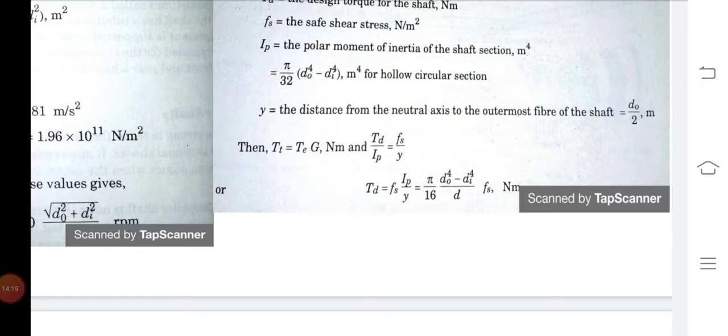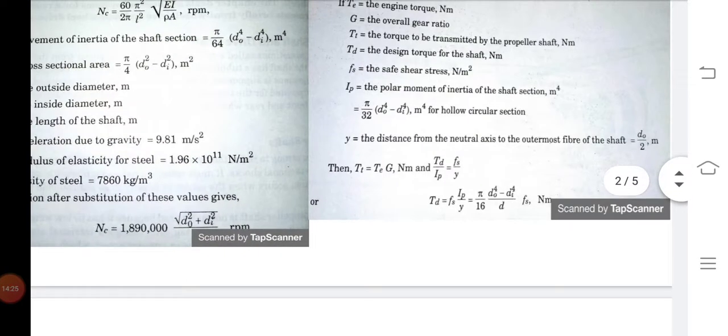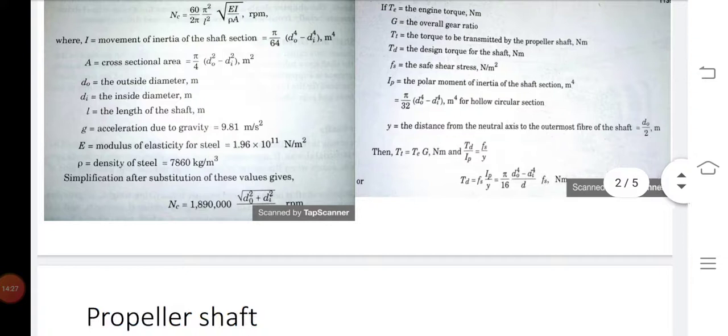One more thing, nowadays we are using composite shafts. There are some advantages of the composite shaft over the conventional two-piece shaft.